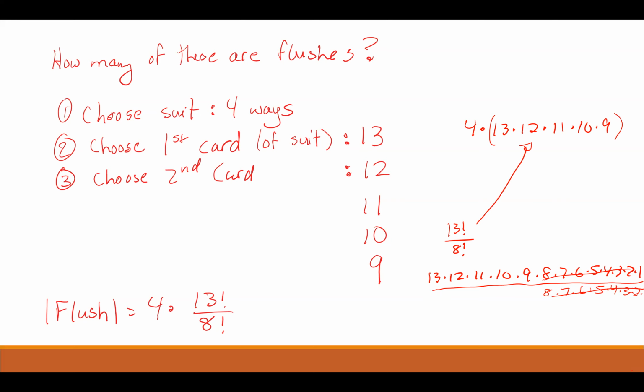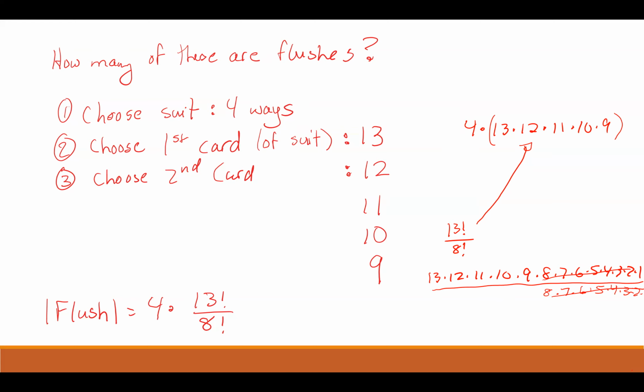Other questions? Yes. So these are injective functions. Yeah, there is a formula for it. Technically, this is the number of injective functions from A to B, where B has size 13 and A has size 5.